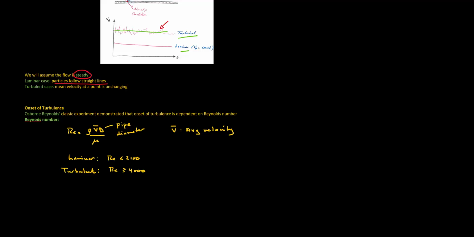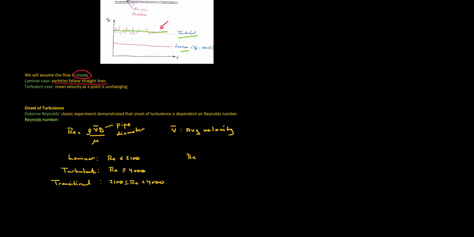And for Reynolds numbers between the two, we have what is called transitional flow. Now, transitional flow is where we might see some hints of a turbulent flow, but the flow is not fully turbulent.